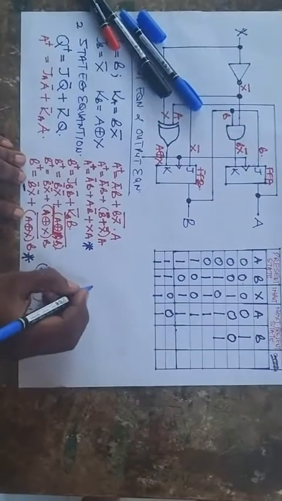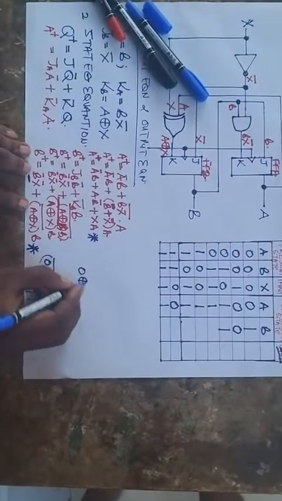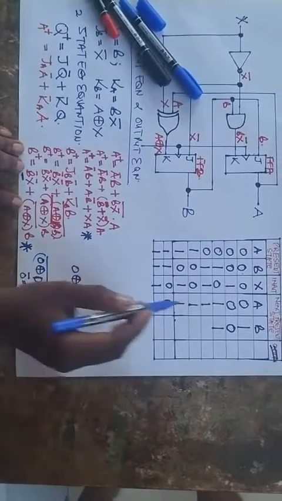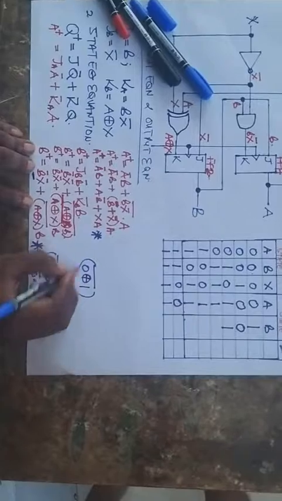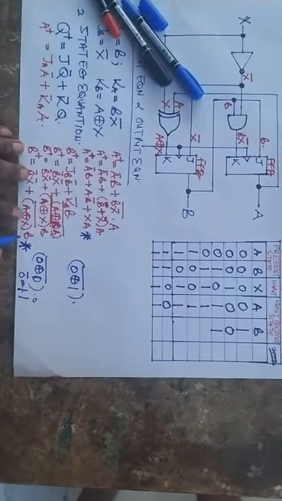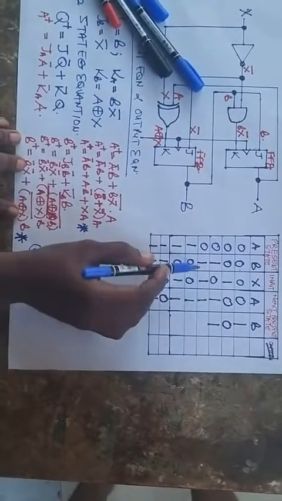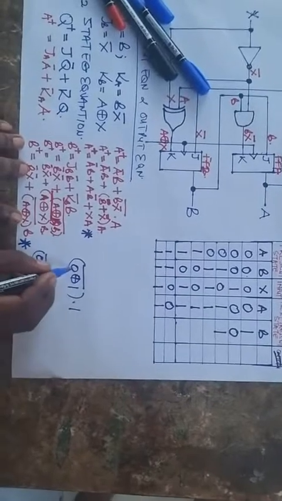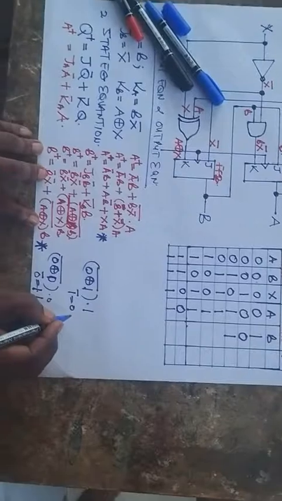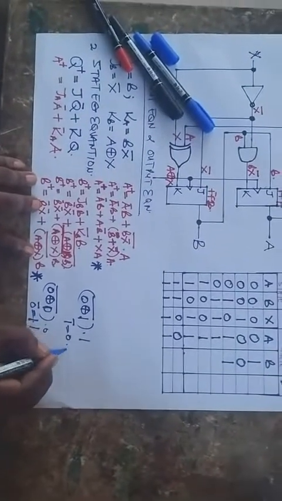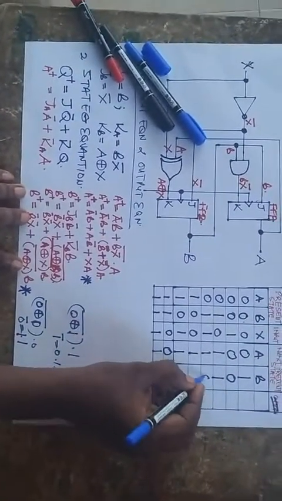A is 0, so 0 exclusive OR X, and our X is 1 bar, right? Multiplied by what? B, and our B here is also 1. Okay, so 0 exclusive OR 1 is what? 1. 1 bar is equal to what? 0. Okay, so 0 times 1 is equal to what? 0. So here will be 0.